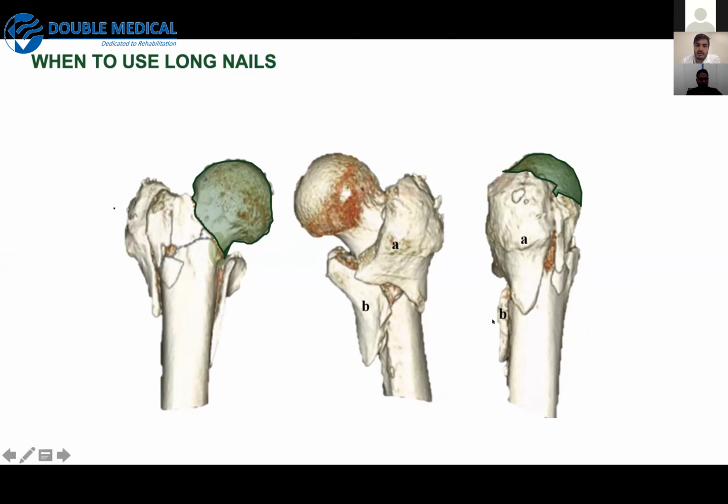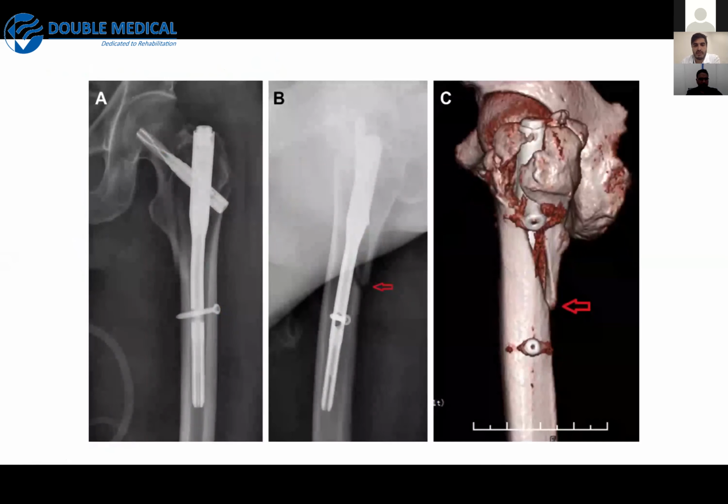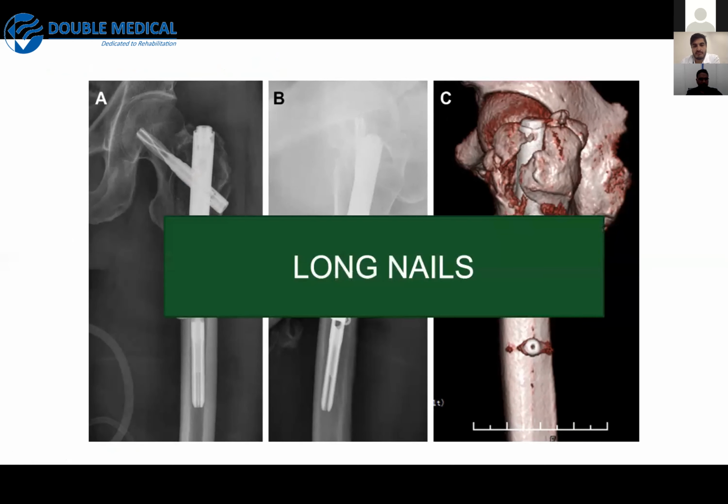So you don't have good buttress support. In this case, we recommend using long nails because this could fail in rotation and leave the fracture in varus.